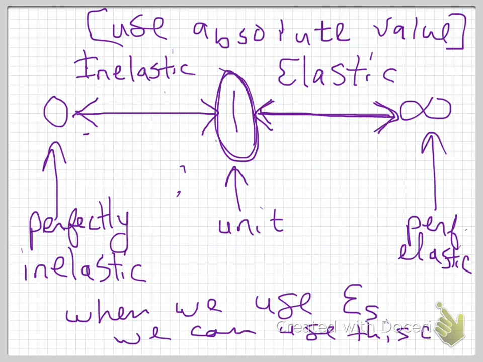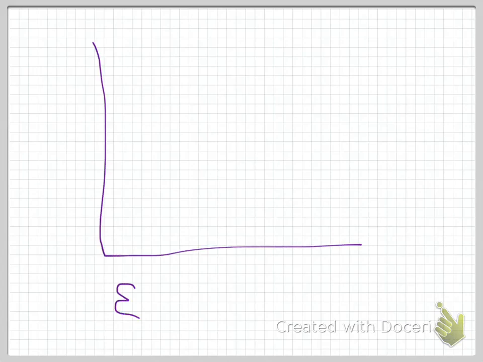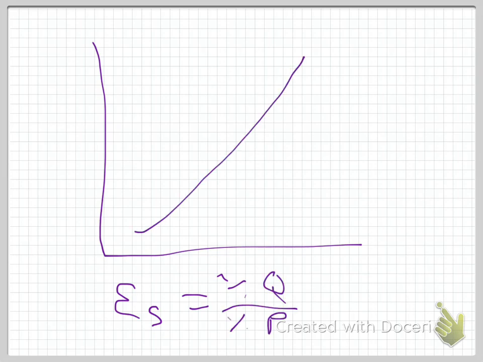And I don't know if I have room to write chart. Okay? So if we were to try and find elasticity of supply, it's the same thing, percentage change in quantity divided by percentage change in price, except we would be doing it this way.